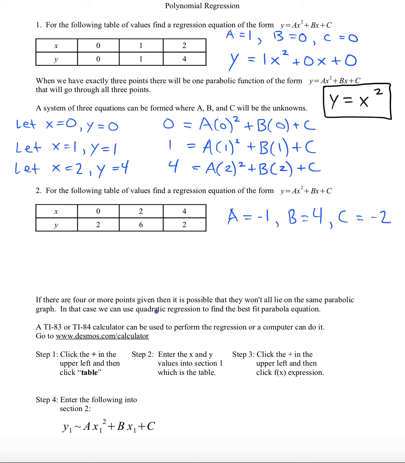Now all we have to do is put that into the formula. And that is our best fit parabola.